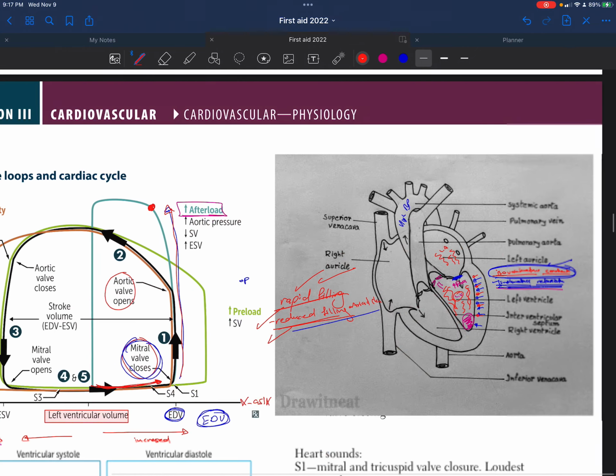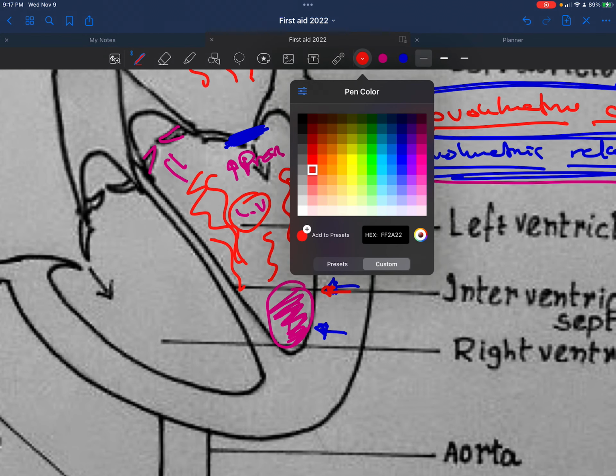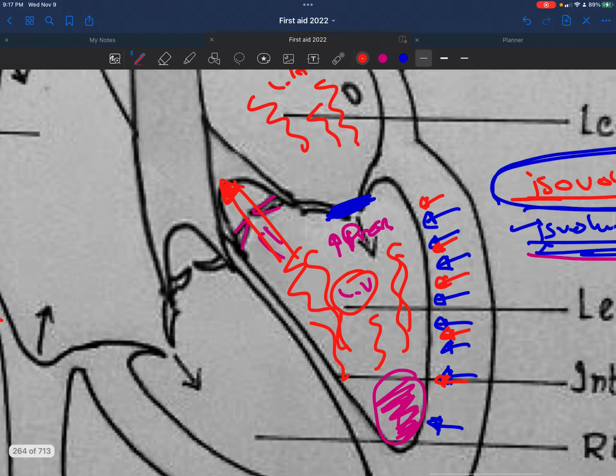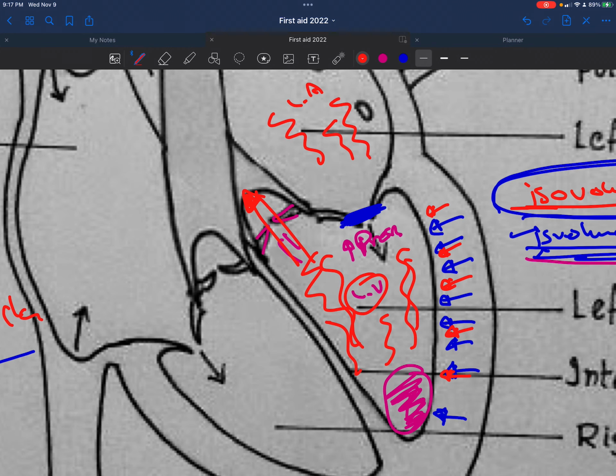Then, of course, we start ejecting the blood to the outside. That's fine, it happens, but it happens only for a short amount of time, because the aortic valve was stenosed, or the patient has high blood pressure, so we still have a higher afterload. The left ventricle cannot just keep pushing, it needs to relax.